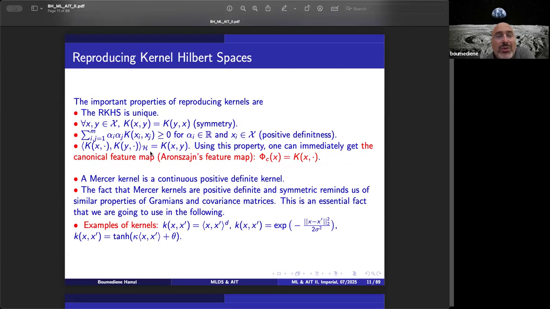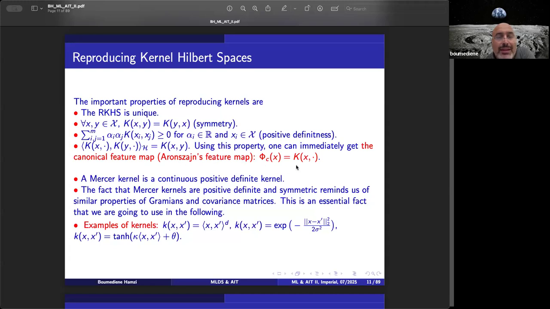This is similar to what Marcus was talking about this morning, where we are trying to write this as a distance here. So we are trying to write this metric as an inner product in the Hilbert space. This decomposition is what led to introducing what we call the canonical feature map, also called the Aronszajn feature map.